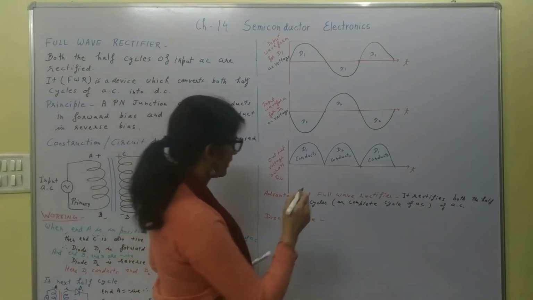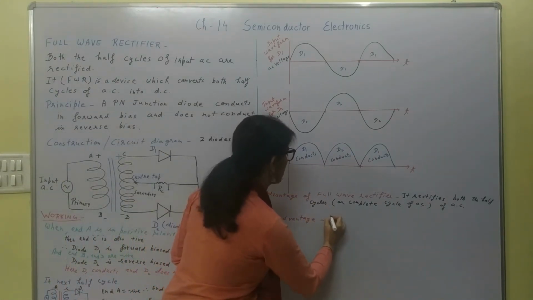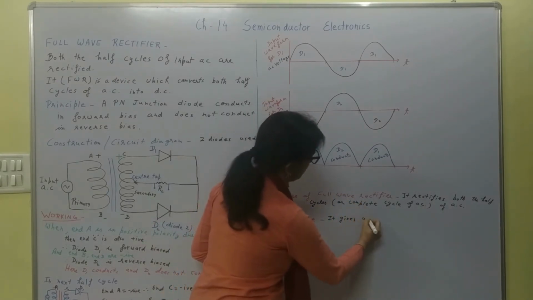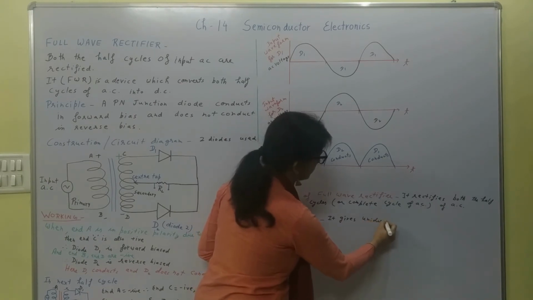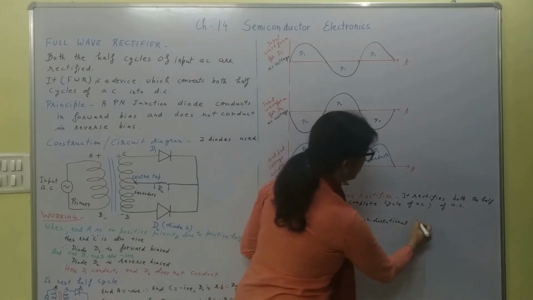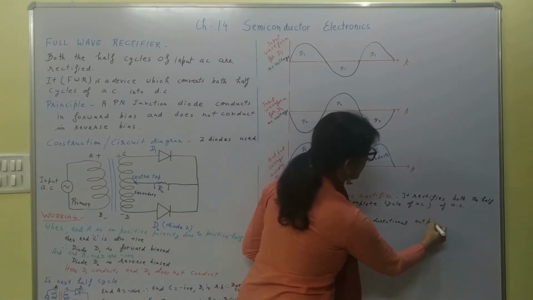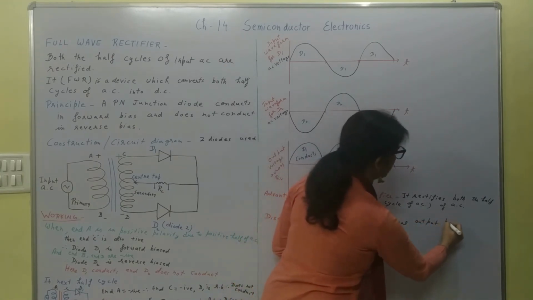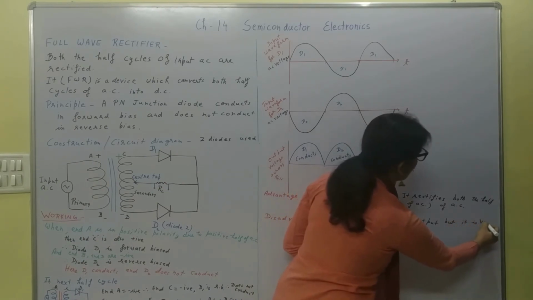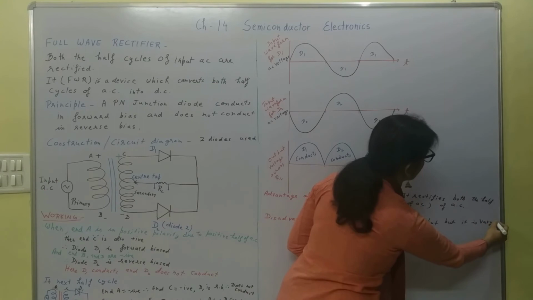So we can simply write that it gives unidirectional output, but it is varying.